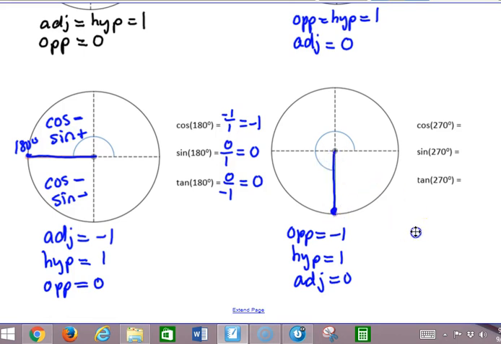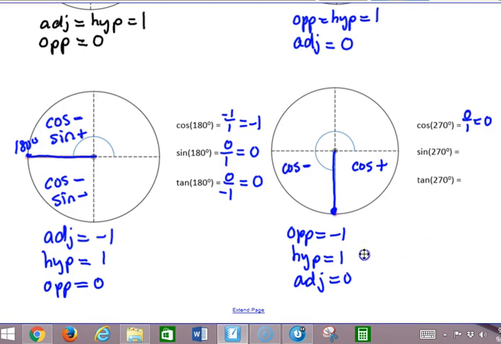There's no horizontal direction, it's just straight vertical. So cosine of 270 would be adjacent over hypotenuse, 0 over 1, which is 0, and since cosine is negative over here and cosine is positive over here, it makes sense that it is 0 right down here.